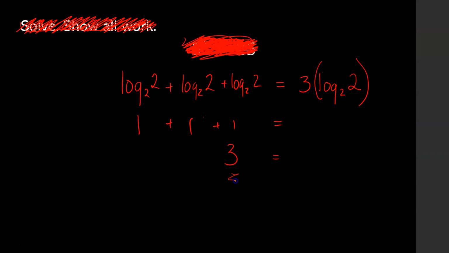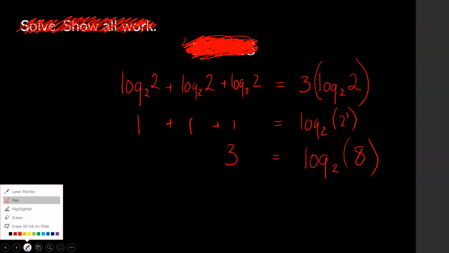Now don't forget, this 3 came out of a logarithm, so that is an exponent. So let's think about this. Log base 2 of something has to be equal to 3. And what is that number? 8. So log base 2, let's rewrite 2 as 2 cubed, is 3.